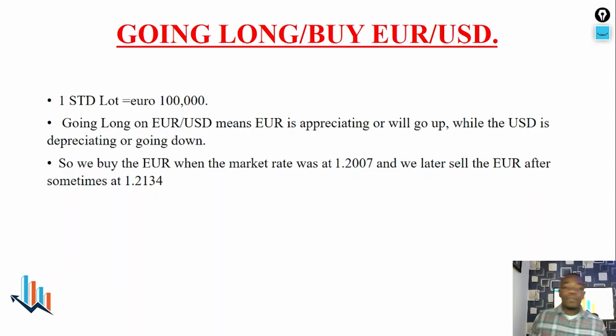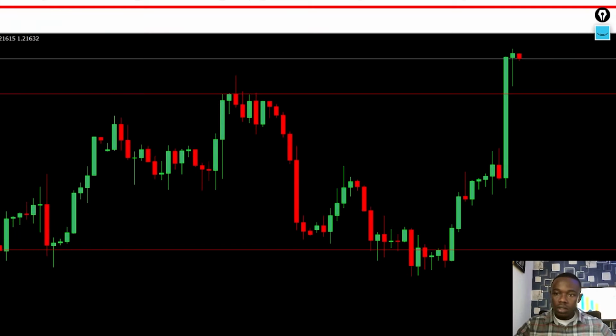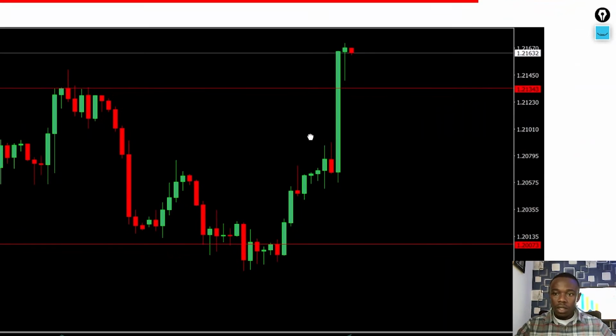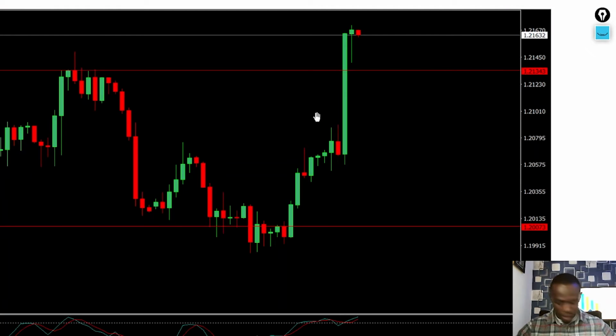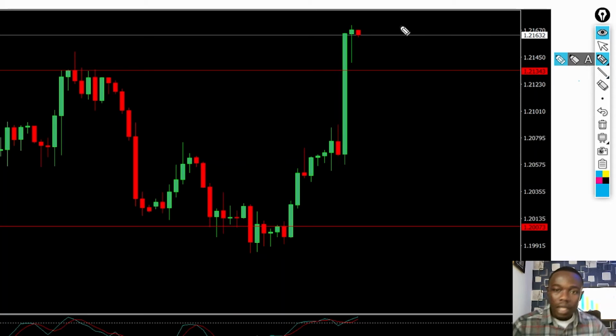So let's say we buy the euro when the market was at 1.207 and later sell the euro after some time at 1.2134. We are going to use the chart to illustrate this. Let's zoom in at this point.